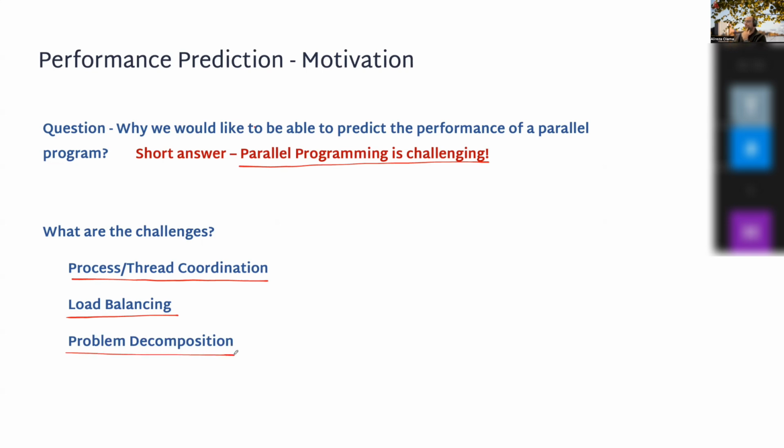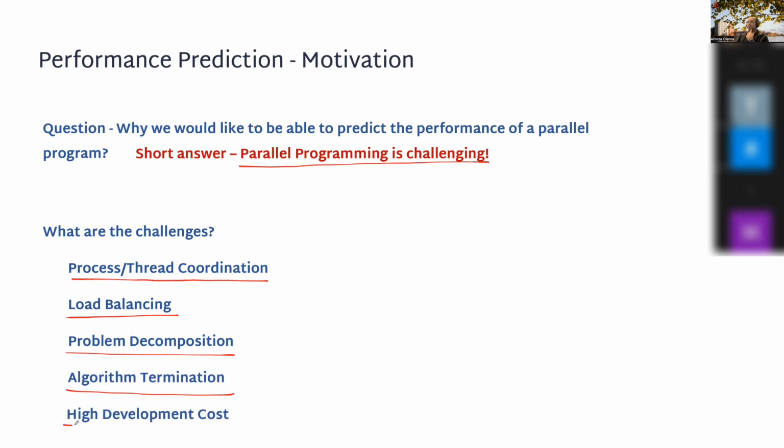So you should be really careful with how you decompose your problem into some independent tasks. And finally, when it comes to designing algorithms, it's not as straightforward to terminate an algorithm when you have different threads working on the same problem. So these are some challenges of parallel programs.